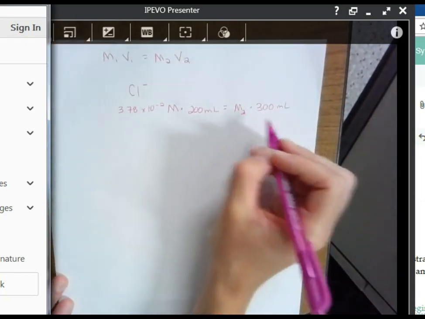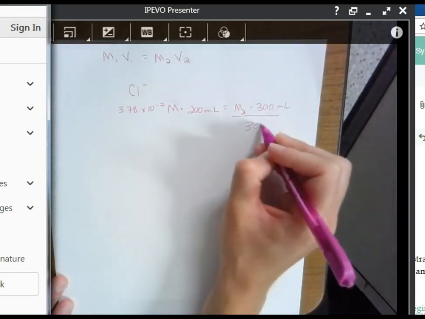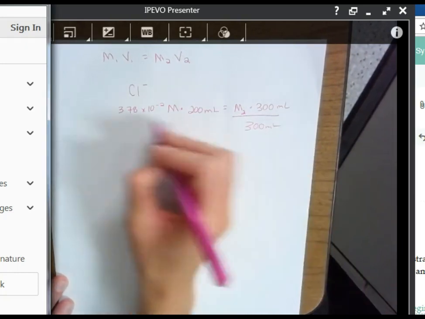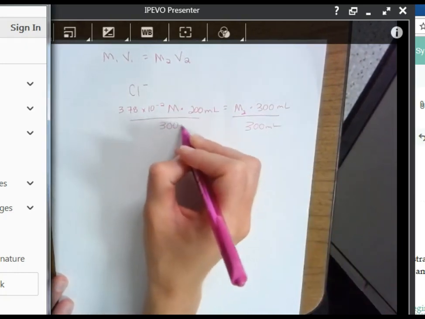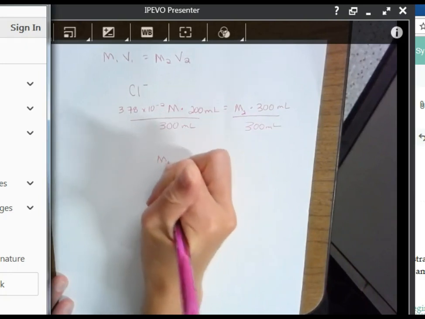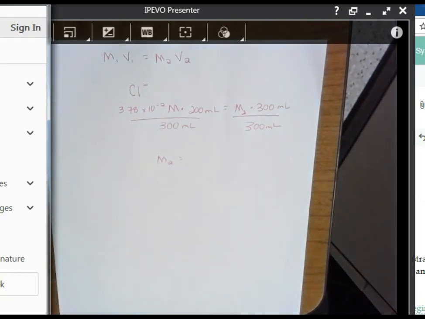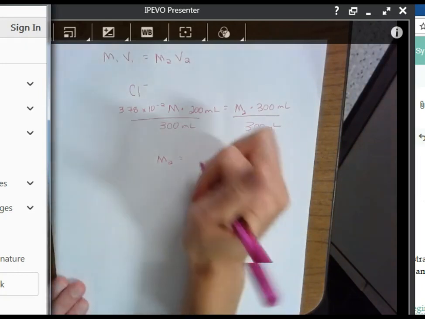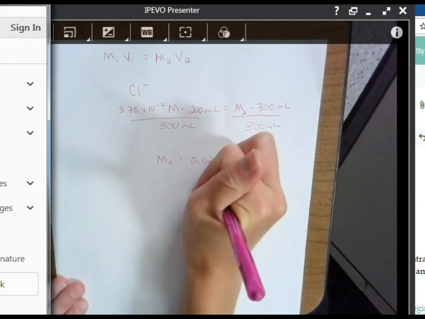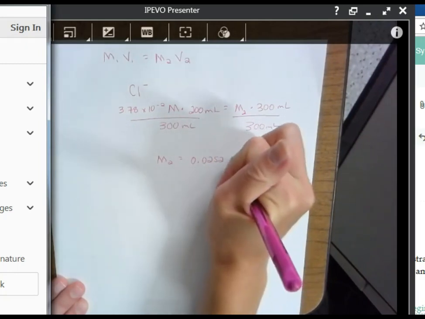To solve for M2, I'm just going to divide both sides by 300 milliliters. I find that the new concentration of the chlorine is 0.0252 molarity.